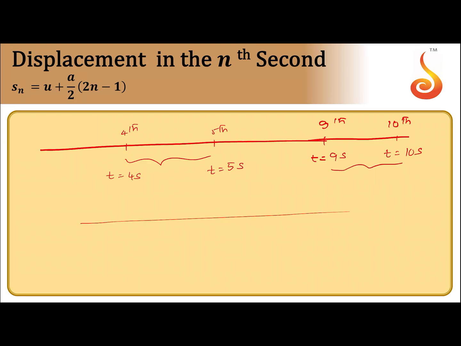Likewise, if I am interested in distance travelled in the nth second, so clearly it must be the distance travelled from t is equal to n minus 1 second to t is equal to n seconds. Now, keeping this in mind, let us get the expression for this one.